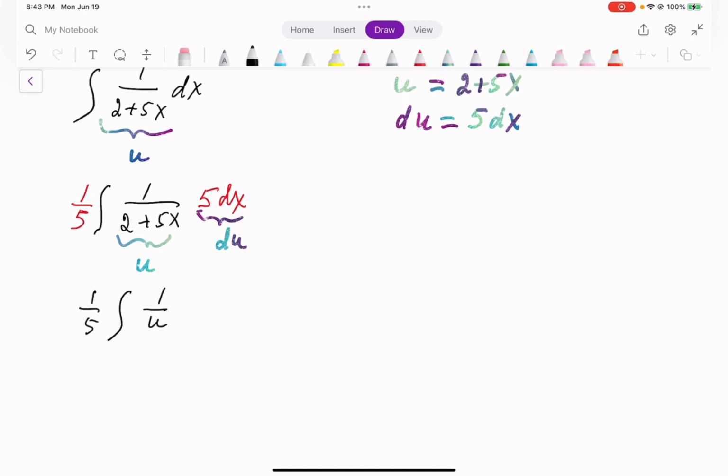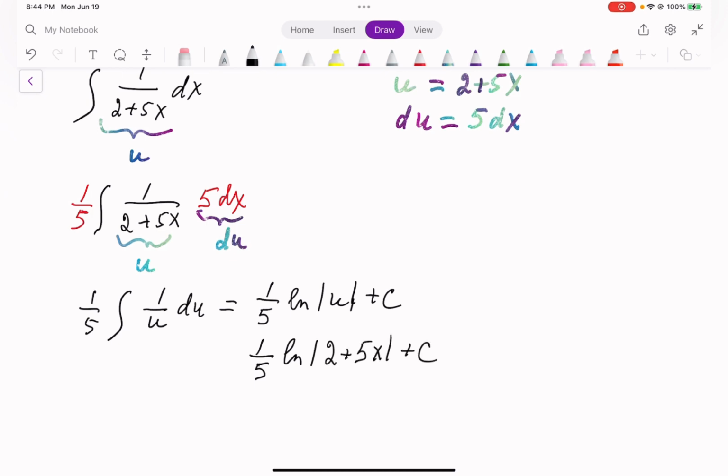This is equal to 1/5 natural log u plus c, which in our case is 1/5 natural log of 2 plus 5x, since we substituted u, plus c. Okay, and this is going to be our answer.